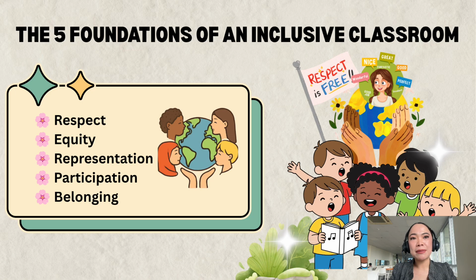Children should see people, families, and experiences that reflect the diversity of the real world. Fourth is participation, which ensures that every child has meaningful opportunities to engage in learning. And finally, all of these contribute to belonging, the feeling that a child is accepted and valued as a member of the classroom community.